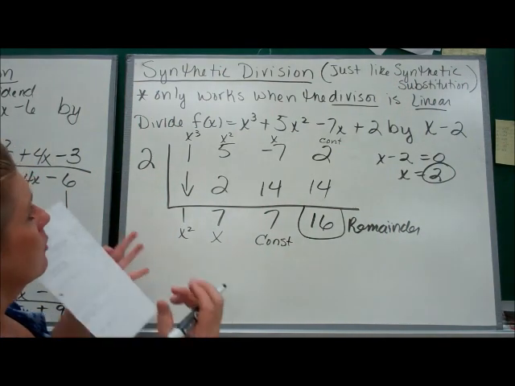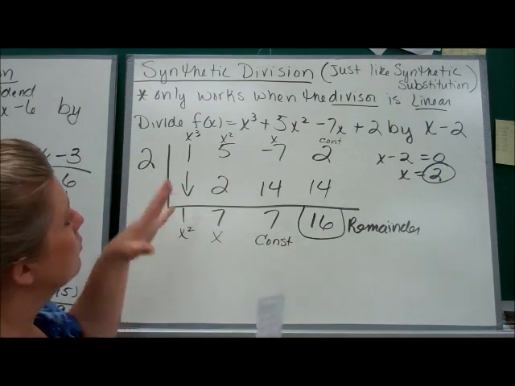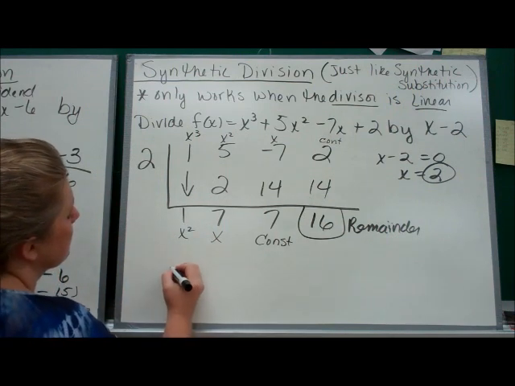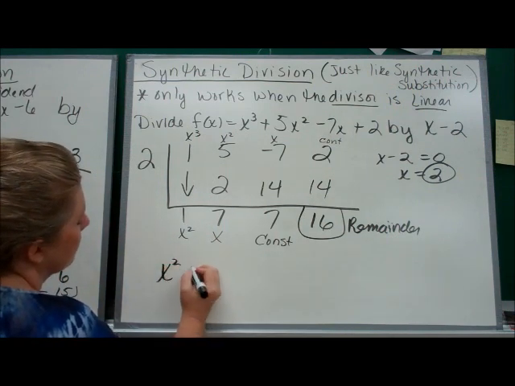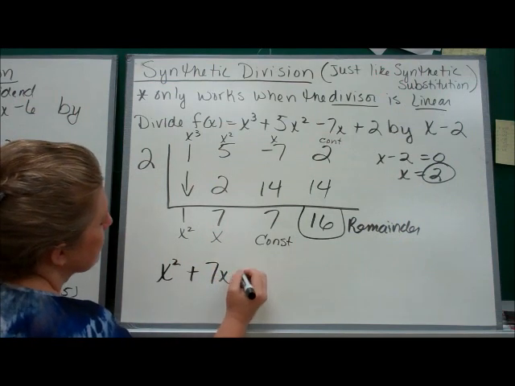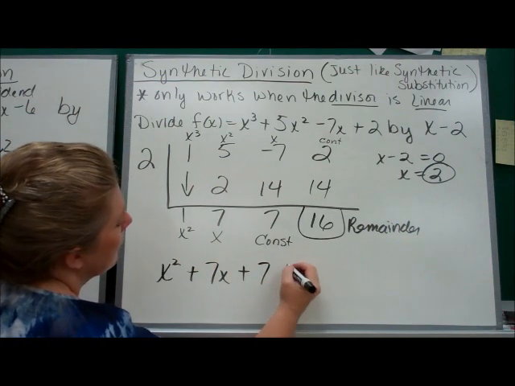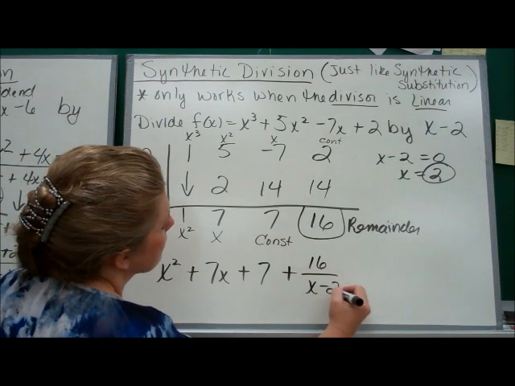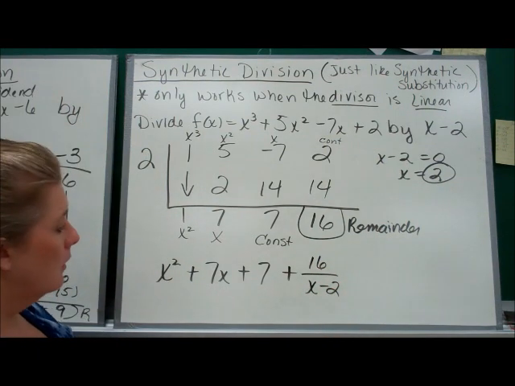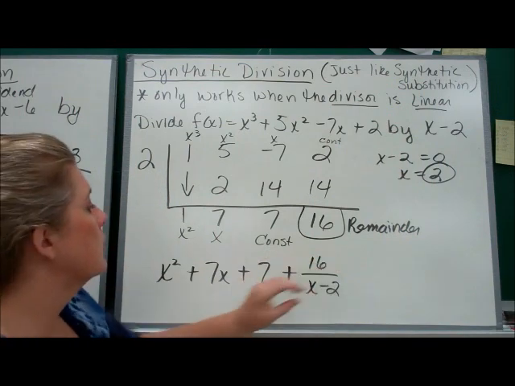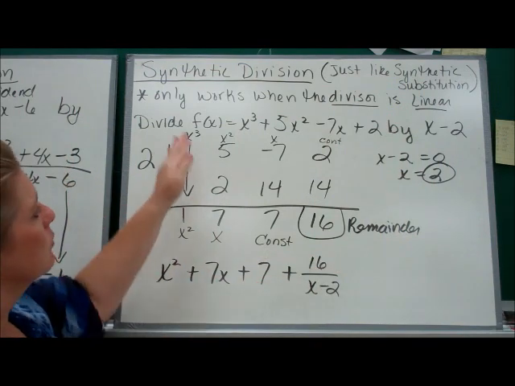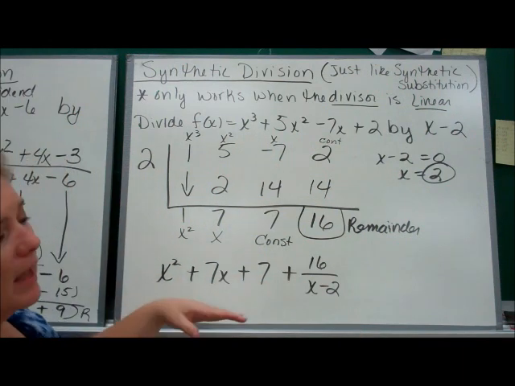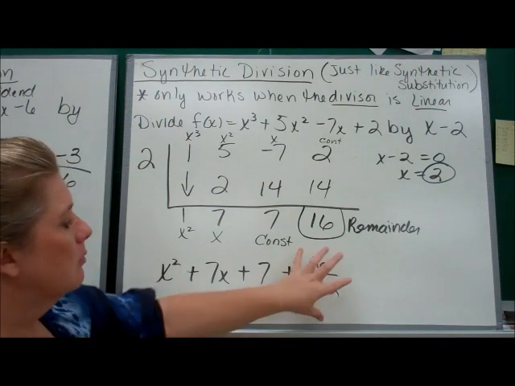So the quotient, when you do synthetic division, is going to be x squared plus 7x plus 7 plus your remainder over x minus 2. So here is the quotient. So we use synthetic division. We're dividing the polynomial. We're getting, well, kind of a polynomial for an answer minus the remainder.